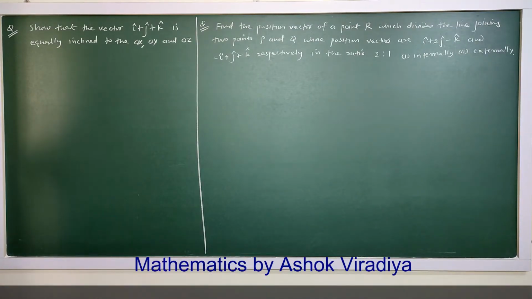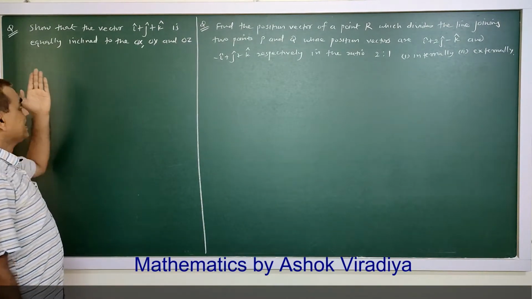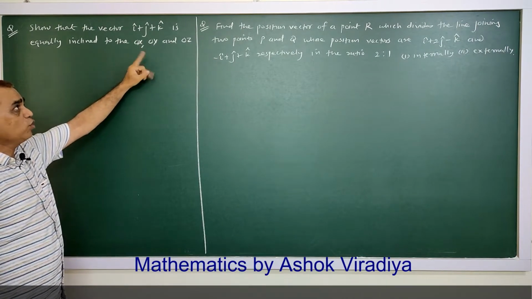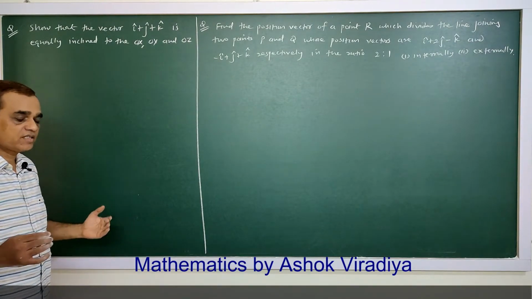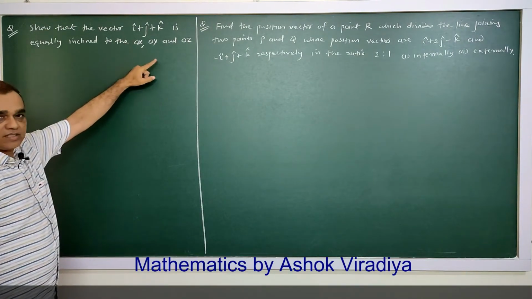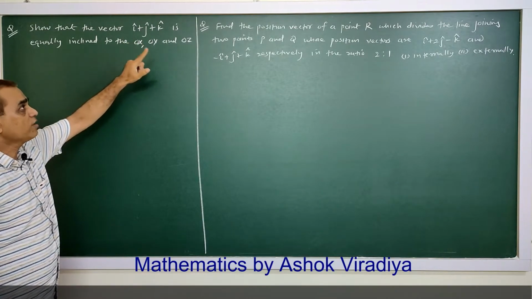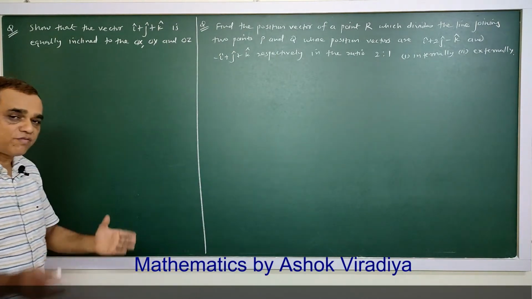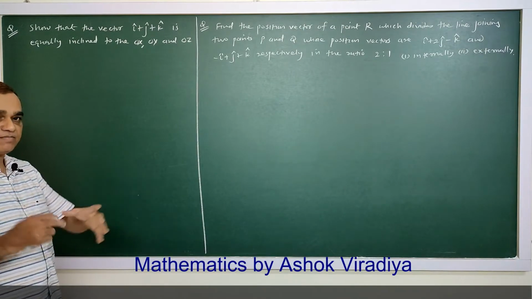Show that vector i cap plus j cap plus k cap is equally inclined to OX, OY and OZ. That means in this question we are asked direction angles. See, a vector making angles with OX, OY, OZ, that is direction angles. So to find direction angles, we will find direction cosines.